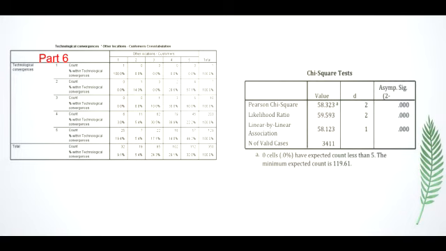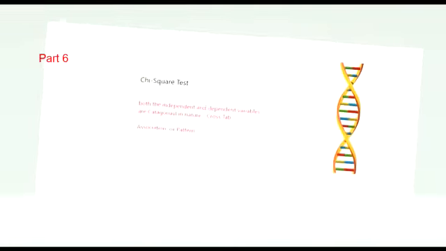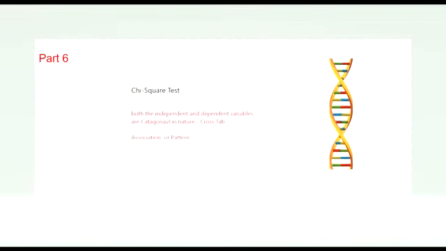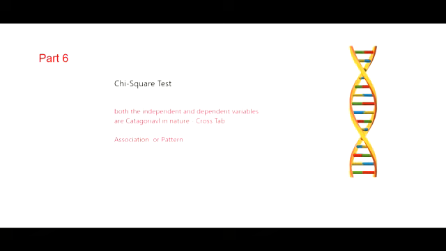What happens if both the independent and dependent variables are categorical in nature? In that case, we have to go for a crosstab. Chi-square test can be performed in order to answer the researchers' questions and to identify the pattern of association among these groups.